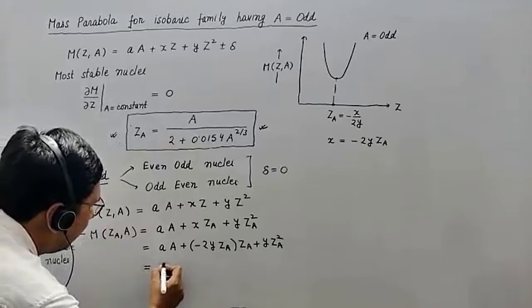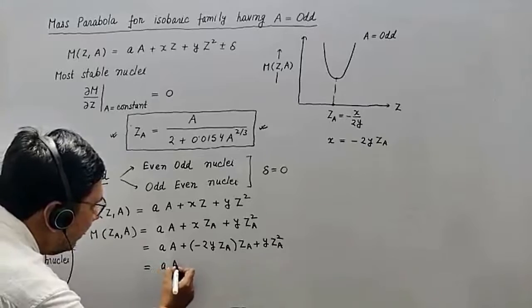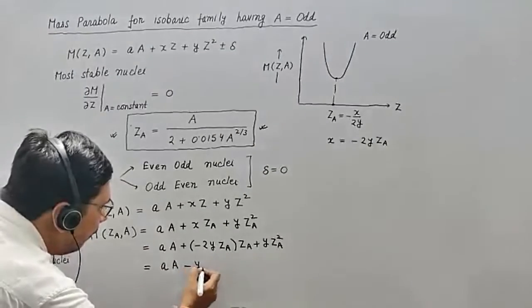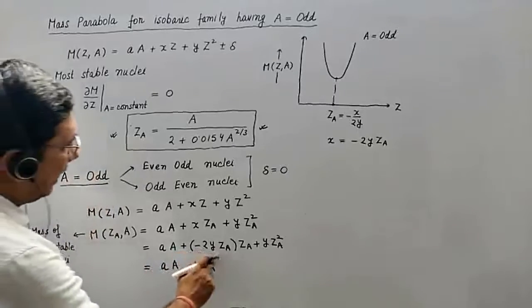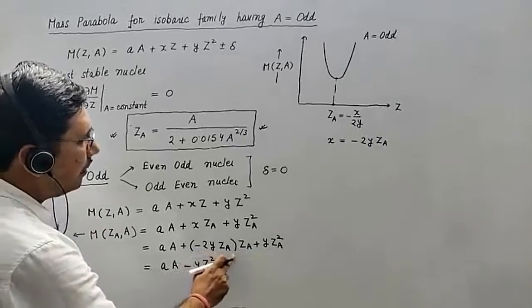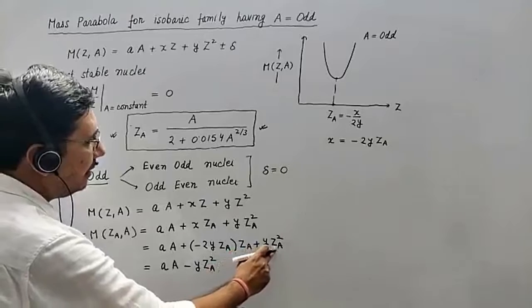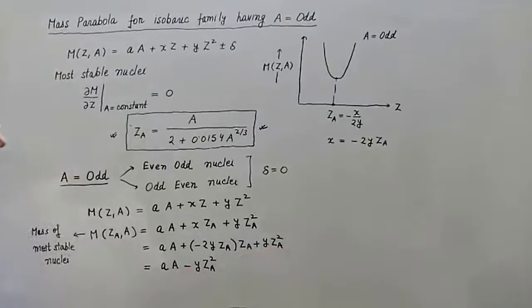The second term will become minus 2YZA square, and this is plus YZA square. So we will have alpha A minus YZA square.